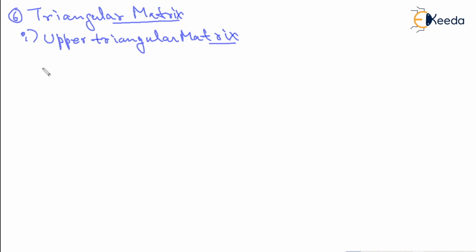So I'll say Aij equal to 0 for, now you see, from all the diagonal elements you will be moving downward, for which the elements will be 0. So moving down, your number of rows increases. So I'll say for i greater than j, because when we are moving down, I'll explain this.